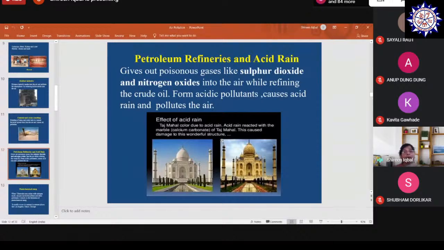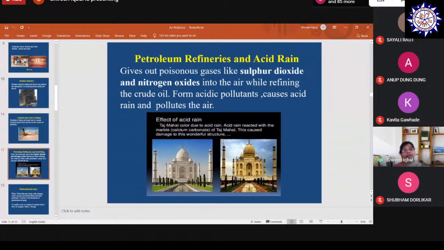And these compounds rise very high into the atmosphere, and there they mix or react with water, oxygen, and the other pollutants, and the result is the formation of acidic pollutants, and it causes acid rain.